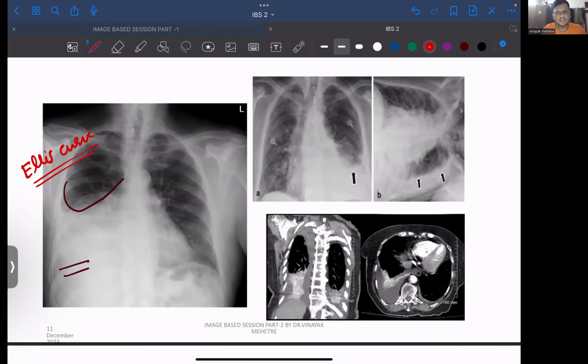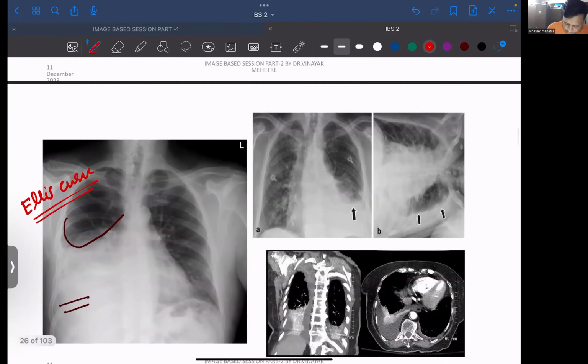It is seen in pleural effusion, correct?